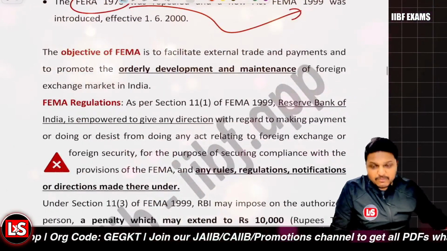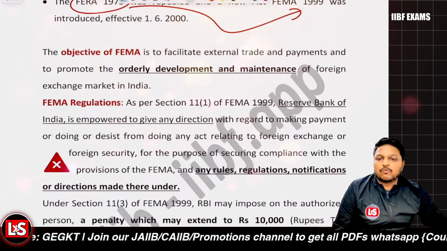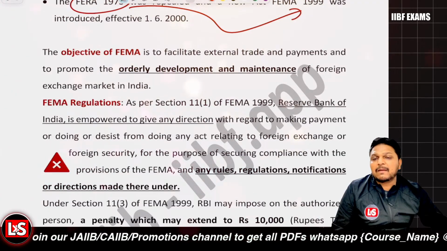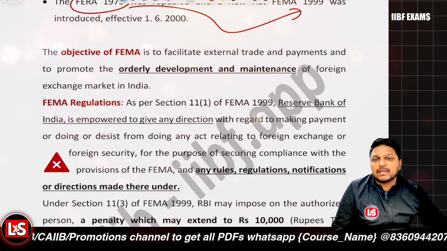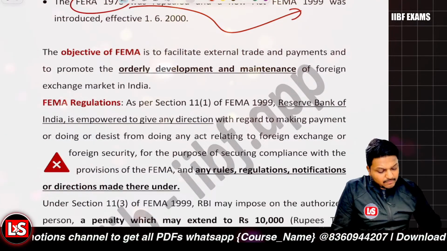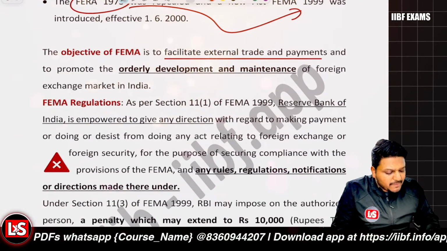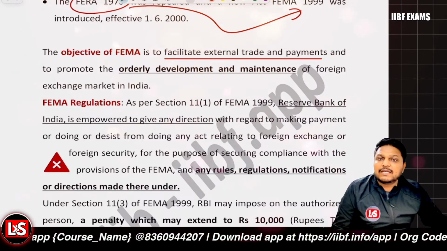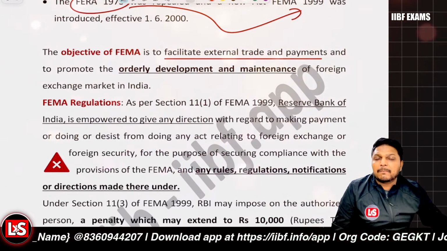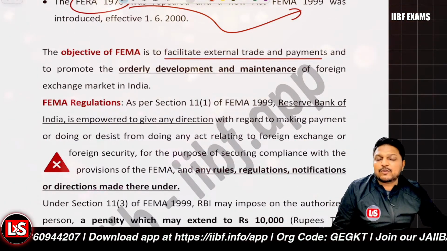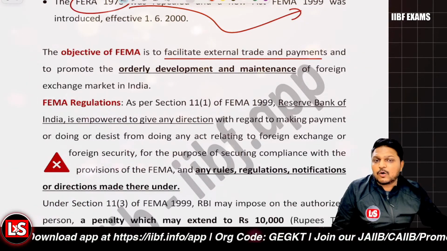So what is the objective of FEMA here? It basically empowers the Reserve Bank of India, because we do not want to regulate, we want to facilitate the trade and payments, and we want to give the liberty so that the market forces can decide what the prices would be and how it will be dealt with.